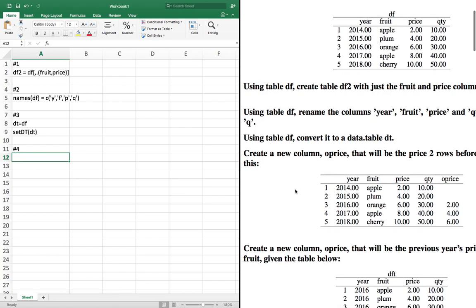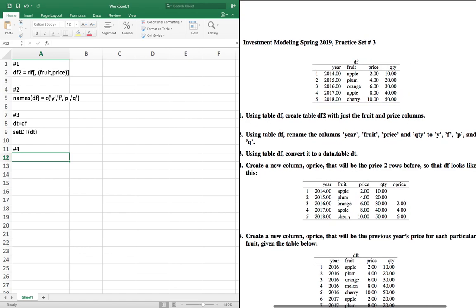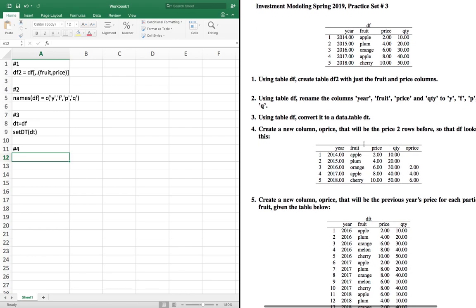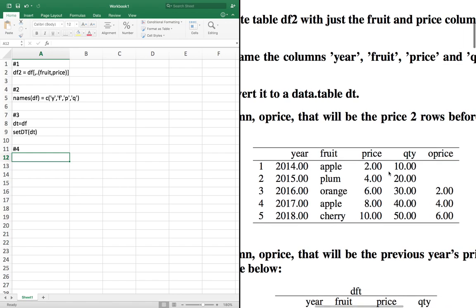Create a new column O price. That will be the price 2 rows before, so that DF looks like this. Here's DF, and we want to add a new column called O price that's the price two rows before. This is just using the shift function.